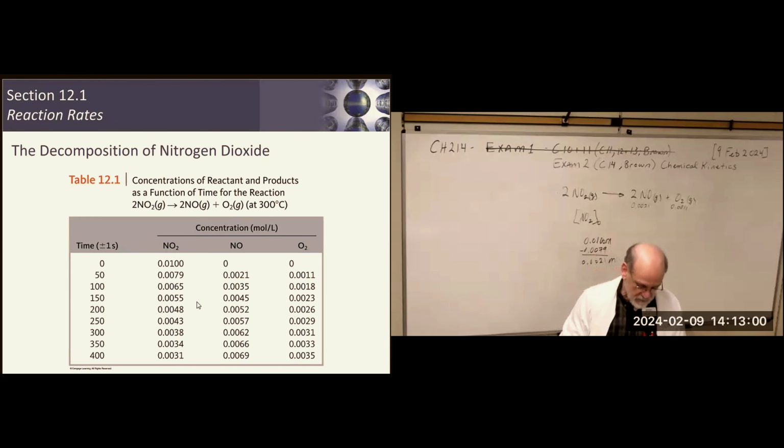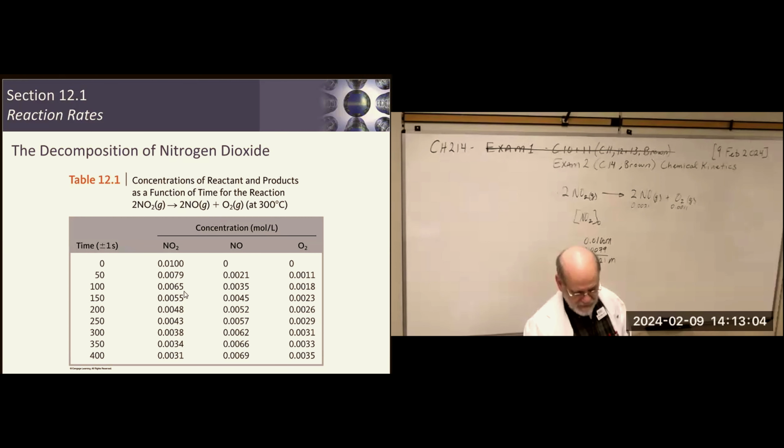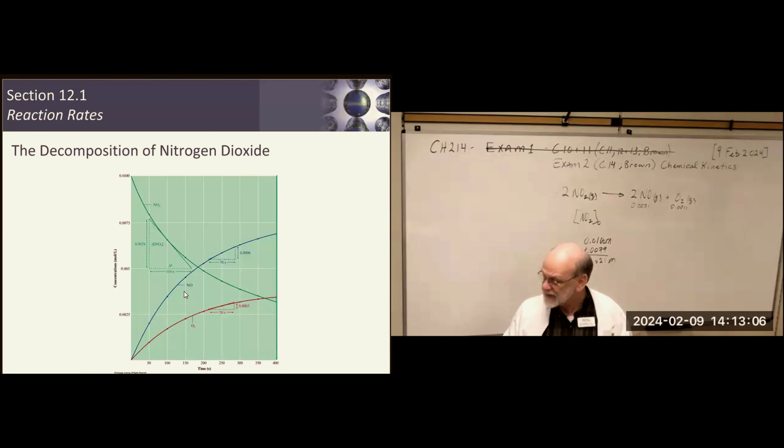If you plot the data, which is on the next slide, and that's kind of hard to see, you notice that at the very beginning, time 0 is right here. You have all of this nitrogen dioxide up here, and you have no products down here.